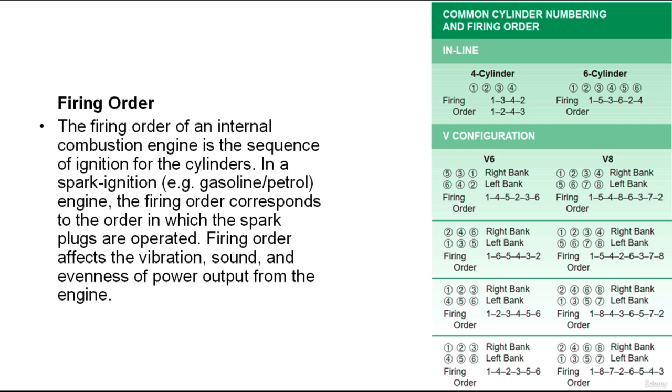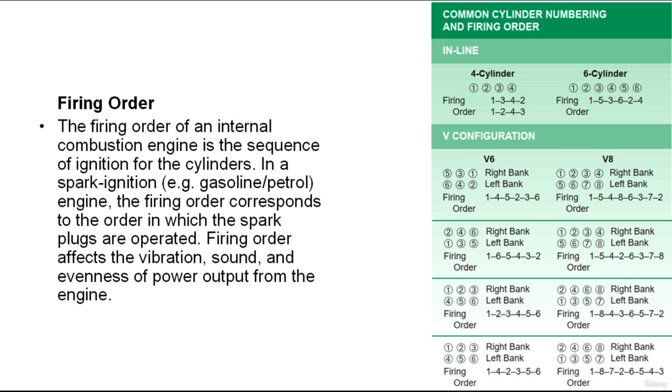The sequence begins with piston number 1 on the compression stroke. During that time, piston number 3 is moving down on its intake stroke, number 4 is moving up on its exhaust stroke, and number 2 is moving down on its power stroke.